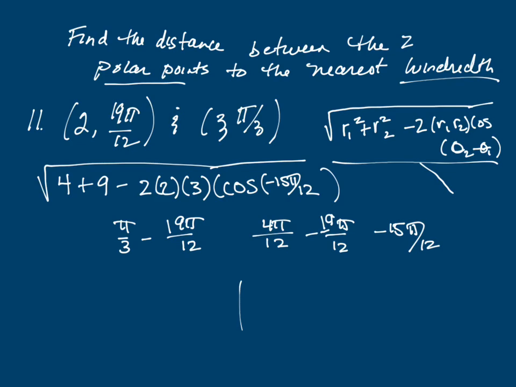Okay, and then you can use your calculator. So grab your calculator and let's punch it in together. I'm the slowest on earth. Okay, square root of 4 plus 9 minus 2 times 3 times 2 times the cosine of negative 15, use the pi button, divided by 12.